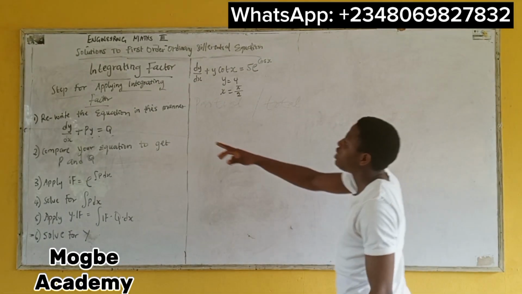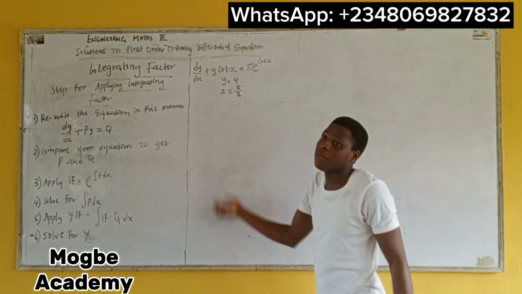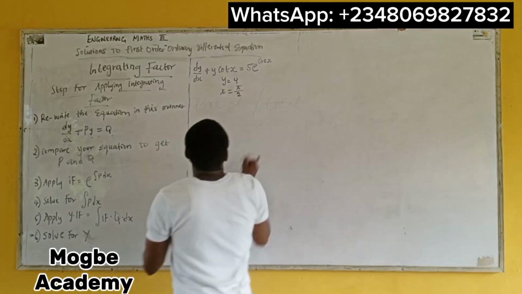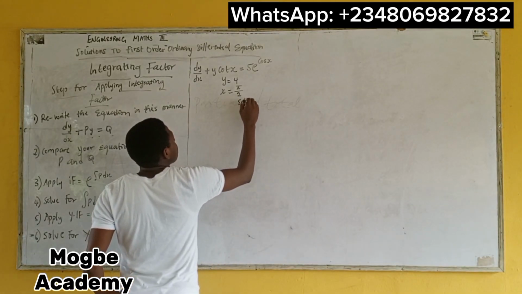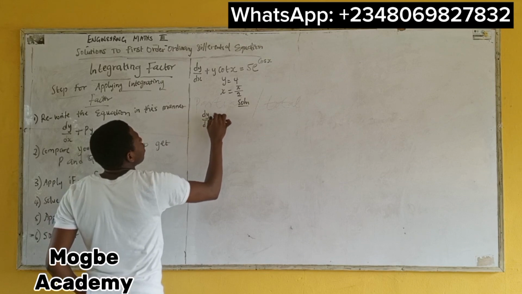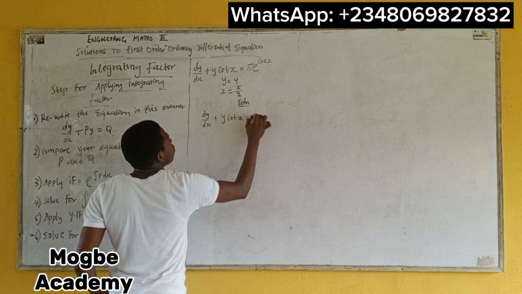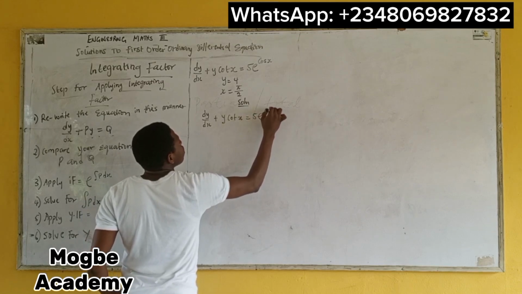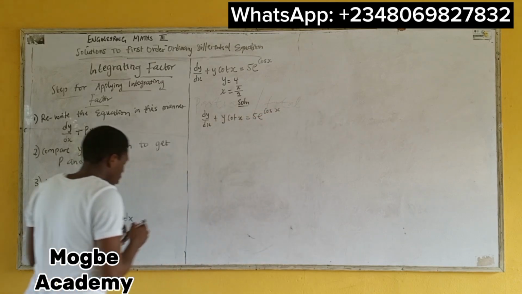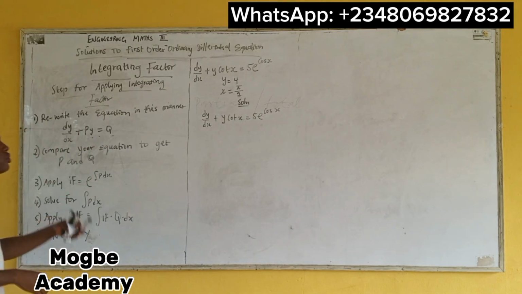The first thing is to write your equation in this manner, and our equation is already in that manner, so we are just rewriting it. Solution: dy/dx plus y cos x equals 5 e^(cos x). The next thing is to compare. You get your p and your q.